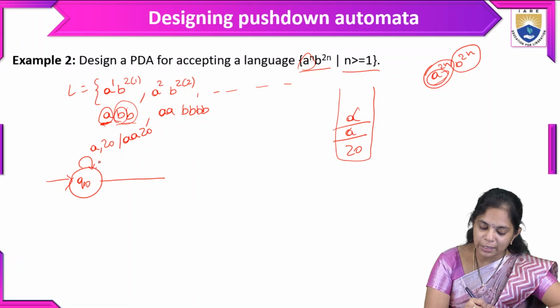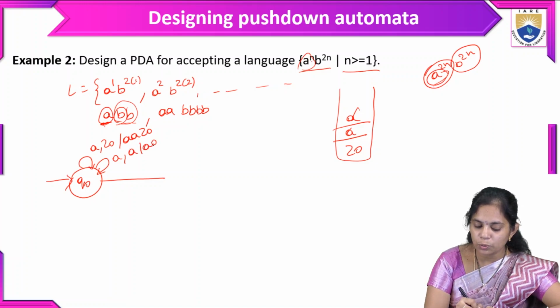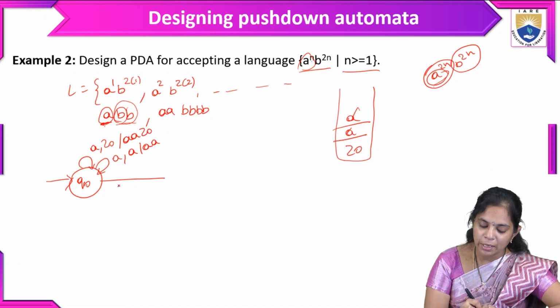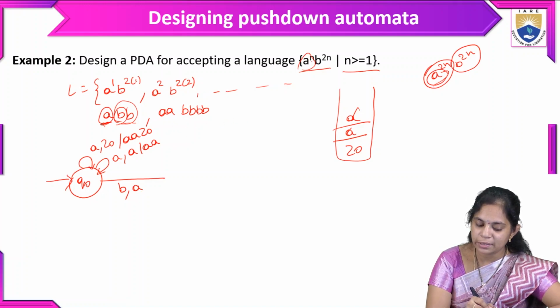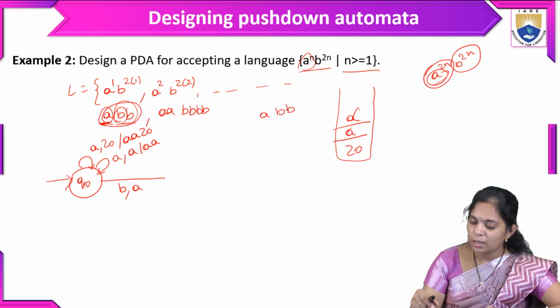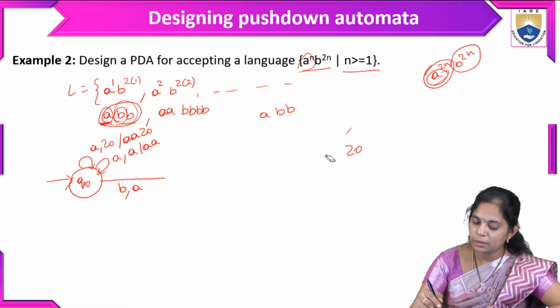And for the second A, A is there and the top of the stack symbol is A, and we need to push two A's into the stack. And for B input, the top of the stack symbol is A, and we need to pop.